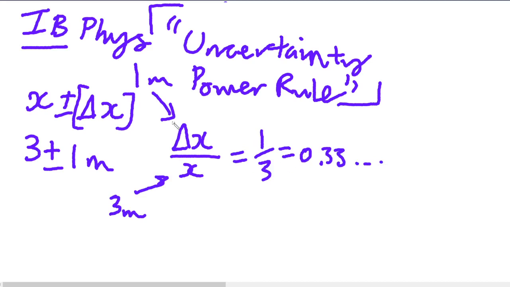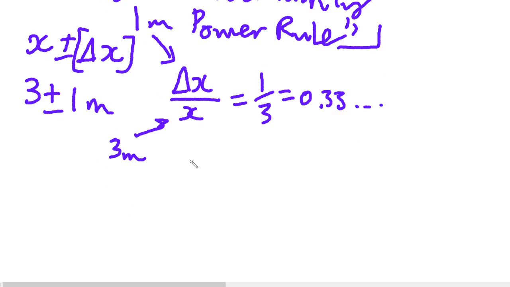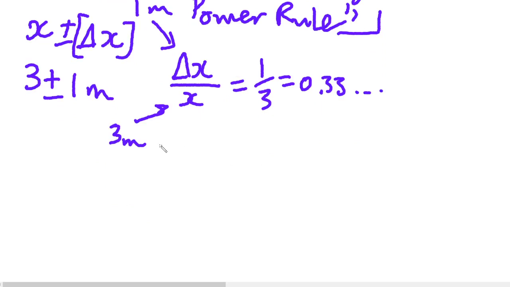If this was your fractional uncertainty for some quantity x, and you were taking, say, the cube root of x, where x is that 3 plus or minus 1 meters, how would you go about this?